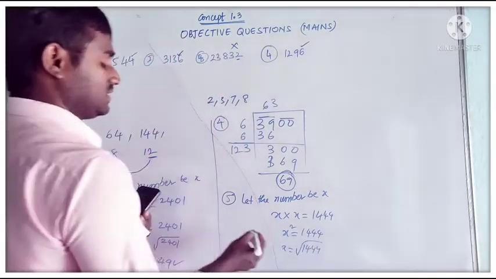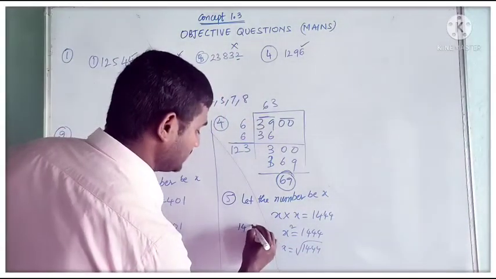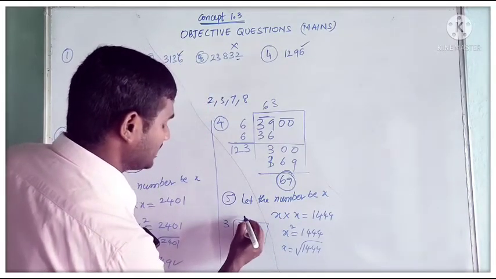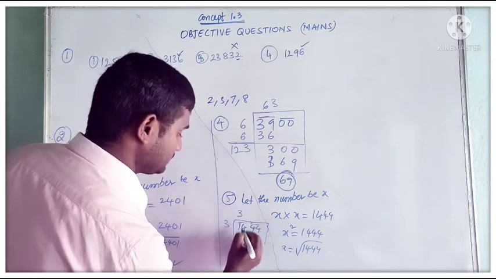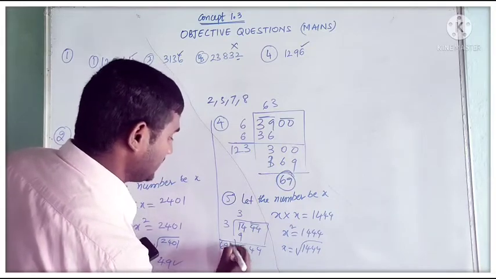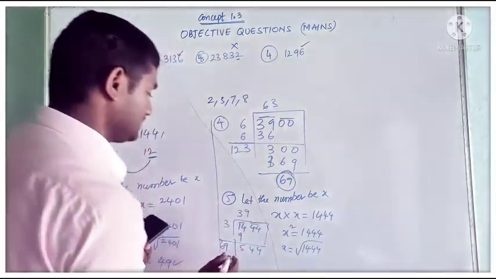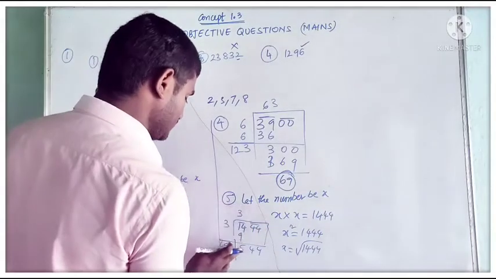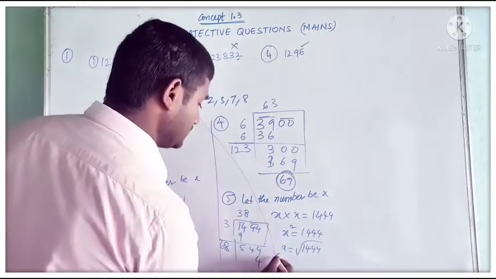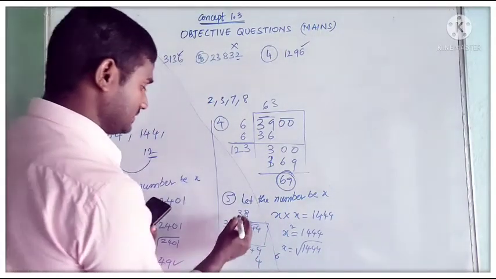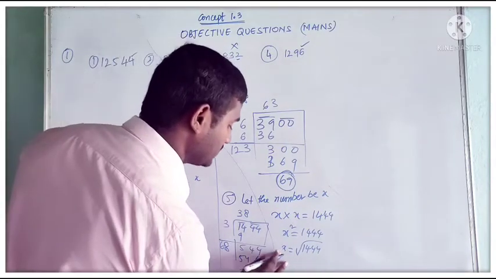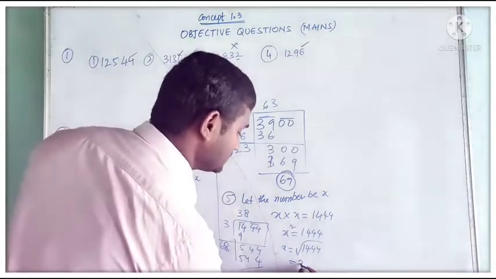You can use the long division method or any one method. The nearest square is 9. 3 threes are 9. And here 5, 4, 4. Next, 68 8s are 64, 1 carry. 8 6s are 48, 48 plus 6 is 54. So the square root of 1444 is 38.